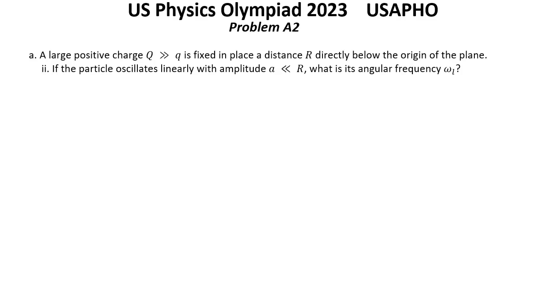Solution for the second question from part A. If the particle oscillates linearly with the amplitude A much less than big R, what is its angular frequency omega L? Solution. For simple harmonic motion, potential energy equals 1/2 k x squared, if in the origin it's equal to 0 and x is displacement. In our case we have potential energy again proportional to displacement squared and equal to 0 in origin.